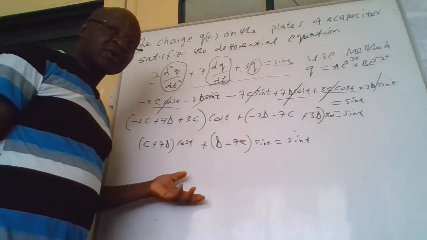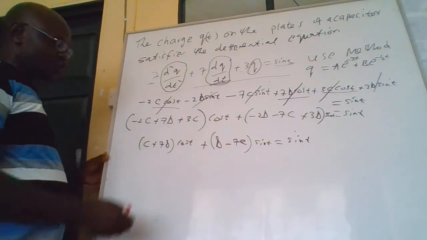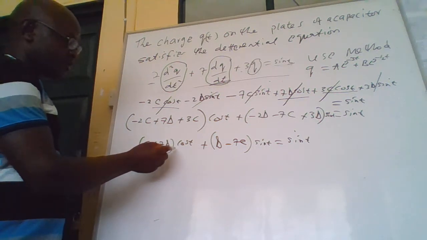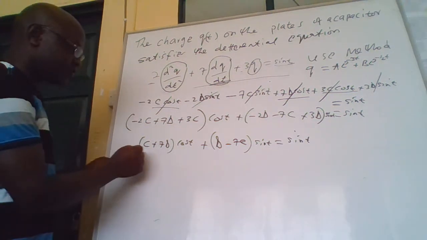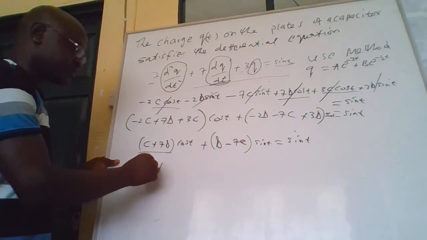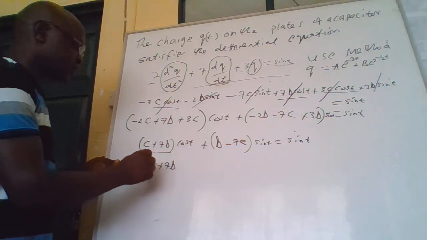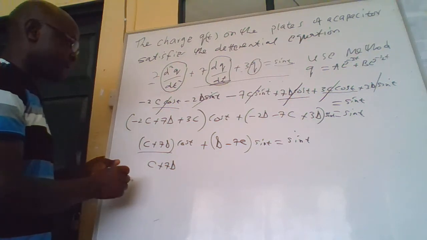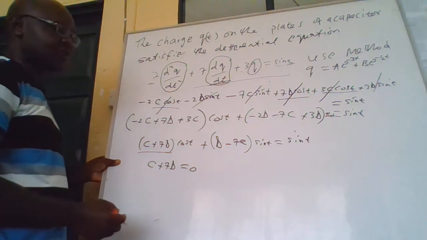Now here we equated the coefficients of sin t. So on this side, we don't have cos t. Therefore, this one will be equated to 0, so that you have c plus 7d equals 0.